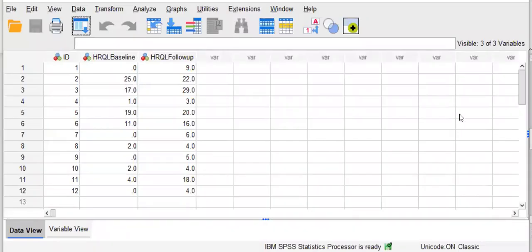As you can see here, this is what our data set looks like in SPSS. We have 12 participants from a study of people suffering from GERD, gastroesophageal reflux disease. The researchers withdrew the patients' proton pump inhibitors, and the patients were not allowed to take PPIs for a period of 2 weeks.